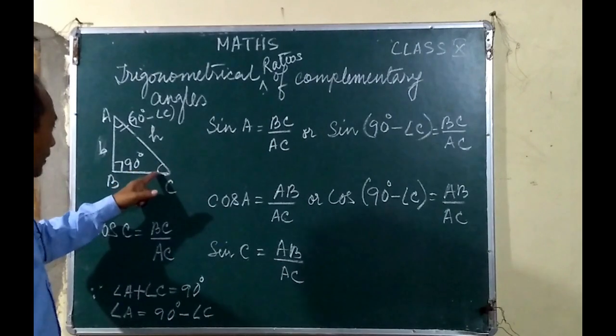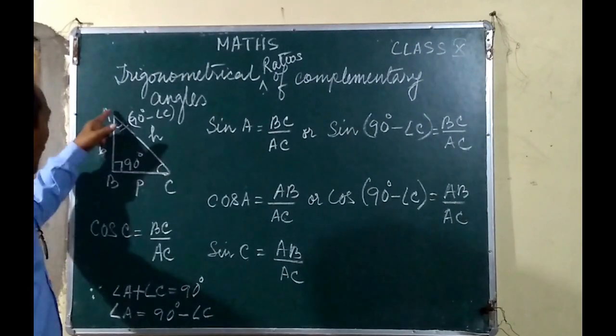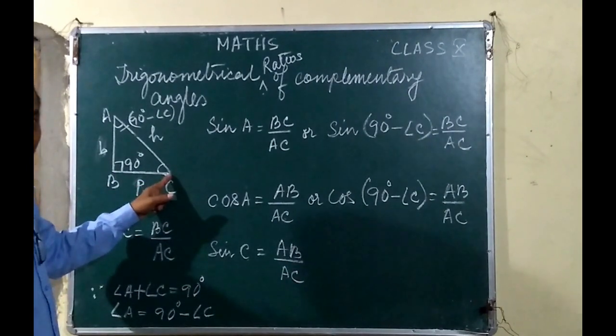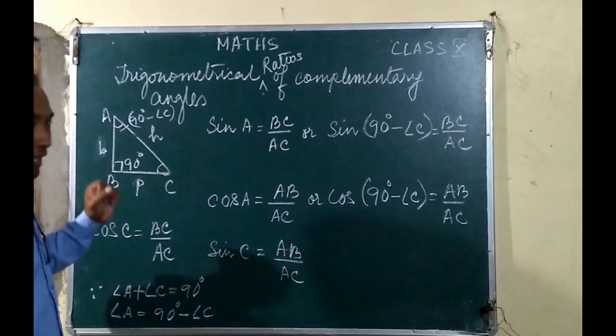And the side opposite to 90 degrees is the hypotenuse. If you measure this acute angle, angle C, then AB will be considered as perpendicular and BC will be considered as base. Hypotenuse remains fixed.